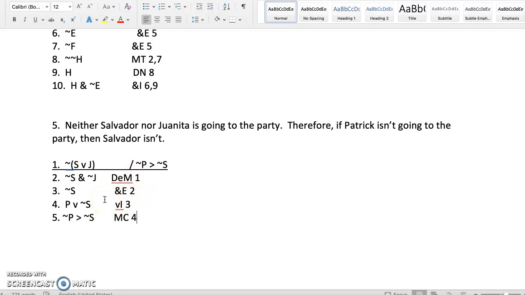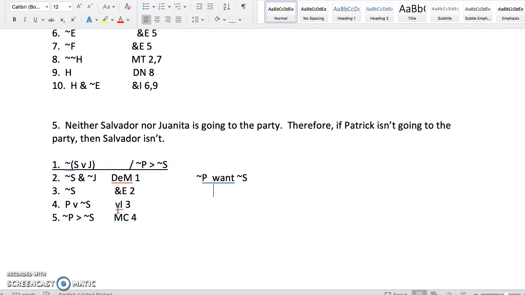Another way you can introduce stuff is with the subderivation rules. And you might have thought, looking at this, well, maybe I'll try a conditional proof. I'll say not P, want not S, which you could do, but notice having not P doesn't really do anything for you, right? It doesn't give you anything to work with.